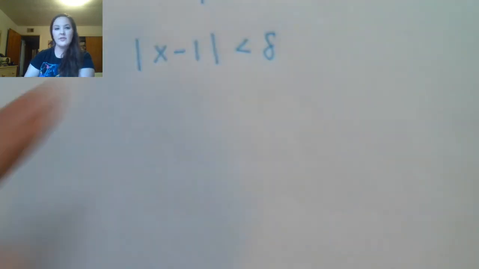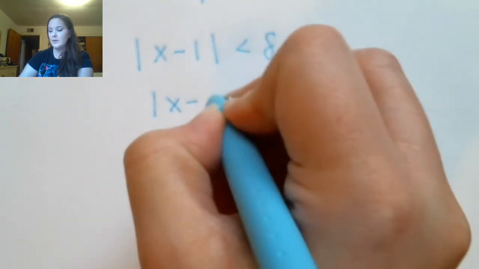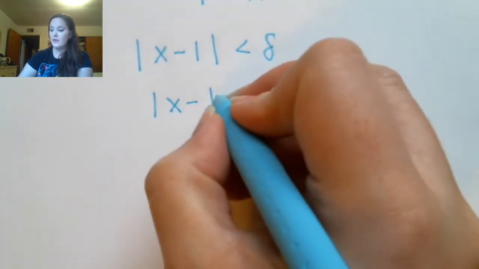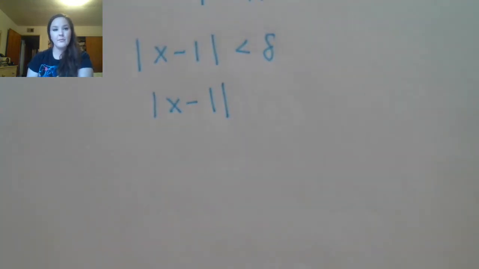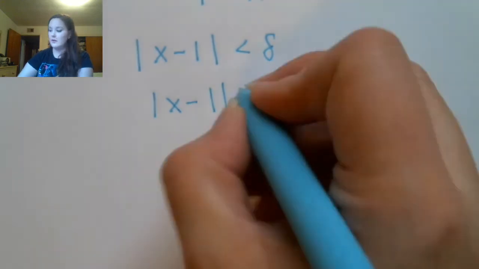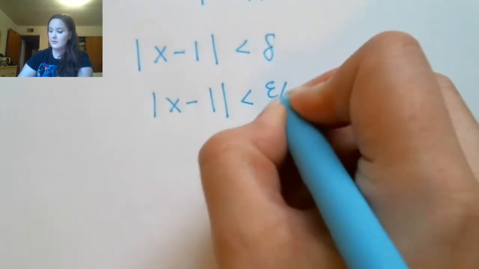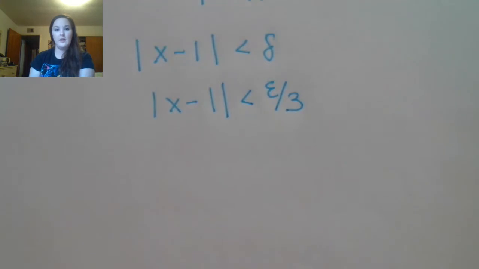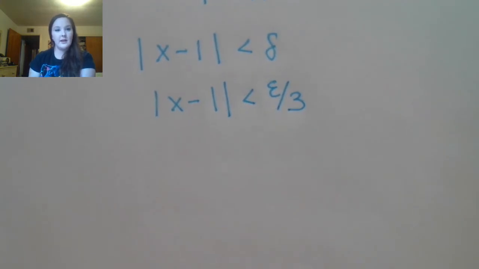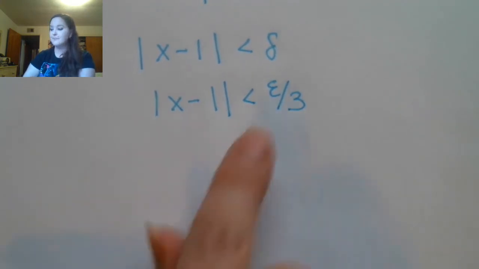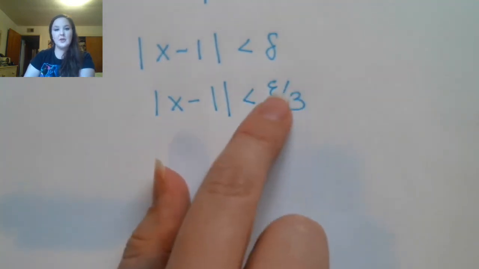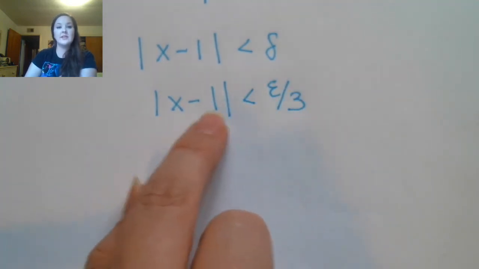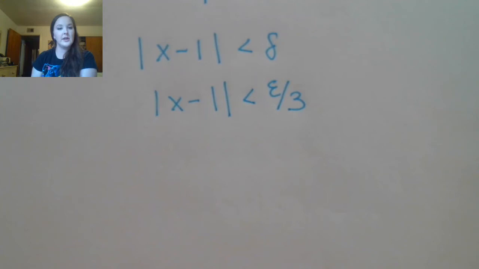We're going to do what we always do, which is replace this with epsilon over 3. We know that it is less than that. Even if epsilon over 3 is greater than 1, this is still less than epsilon over 3.